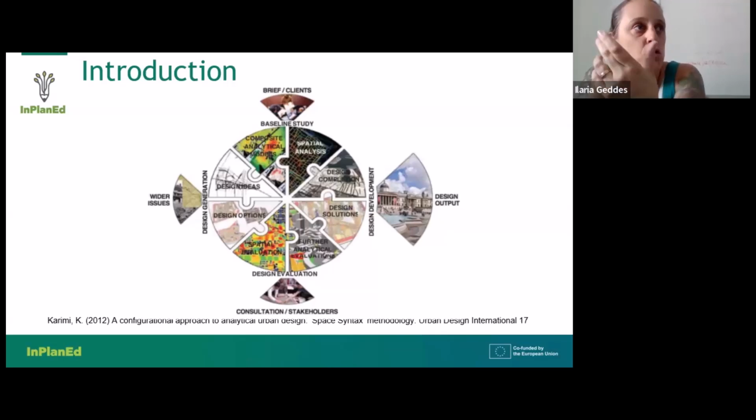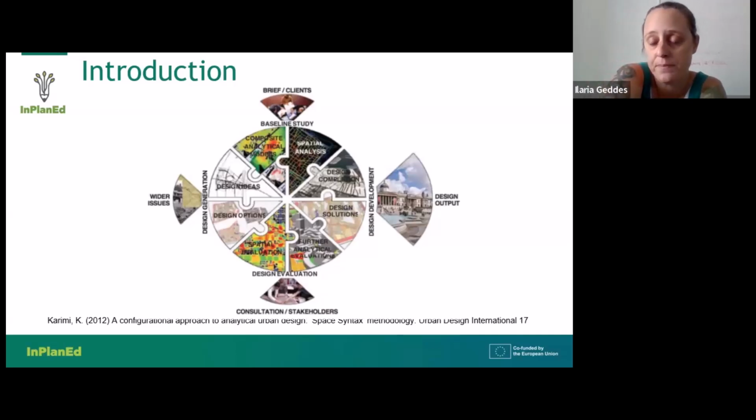If you're designing a brand new building, of course, you can only do this with regards to the site and the surrounding environment. But the spatial analysis can be applied at the building level and at the urban level as well. Then you go through the same process that was described in the previous diagram, the analytical analysis.